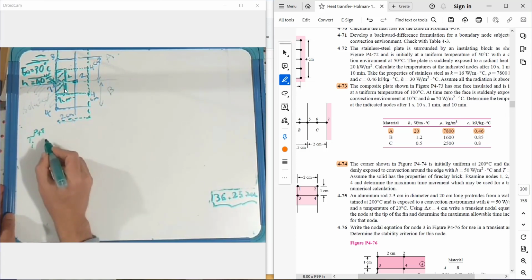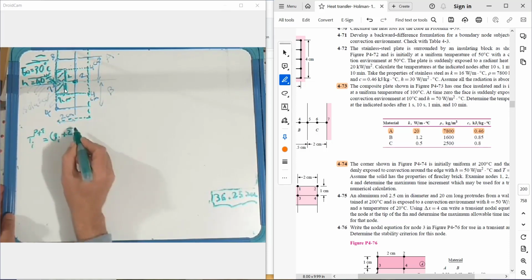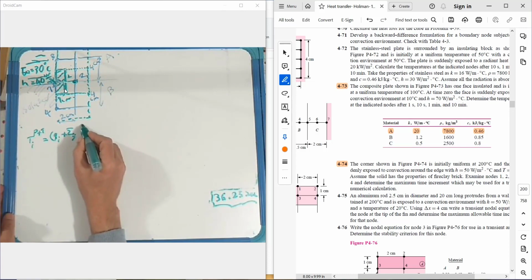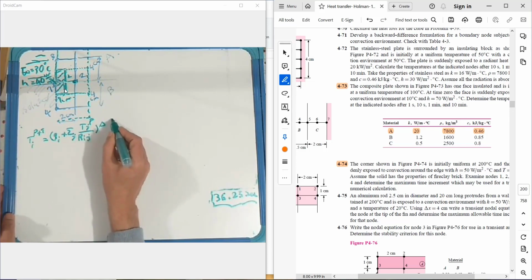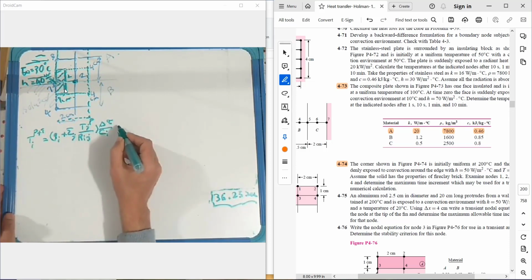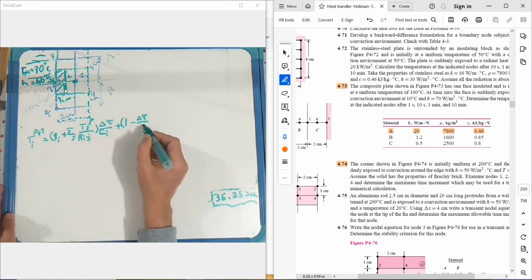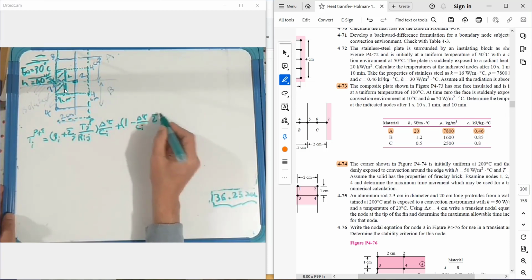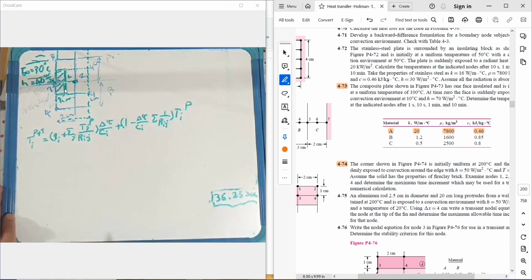Ti P plus 1 equals Qi plus sigma J Tj over Rij, times P, multiplied by delta tau over Ci, plus 1 minus delta tau over Ci sigma 1 over Rij, times Ti P. Okay, this is our formula.